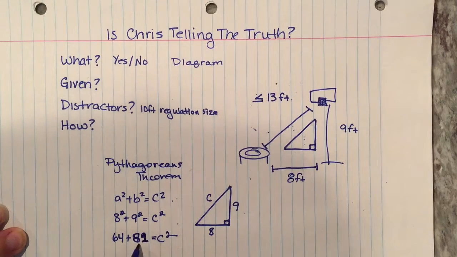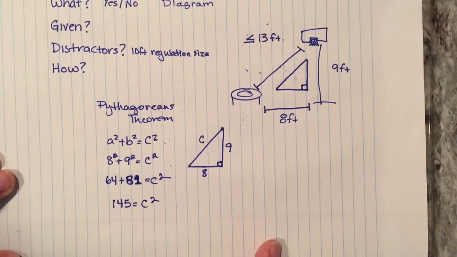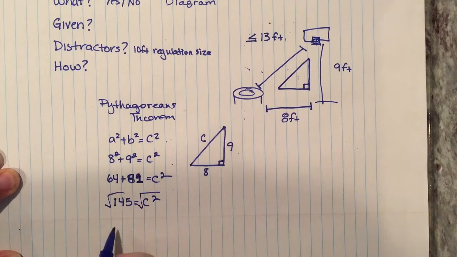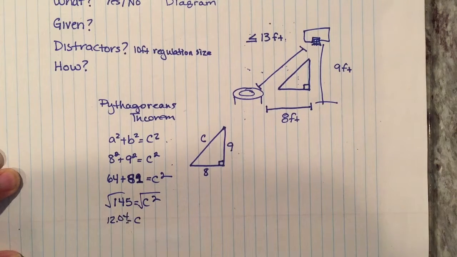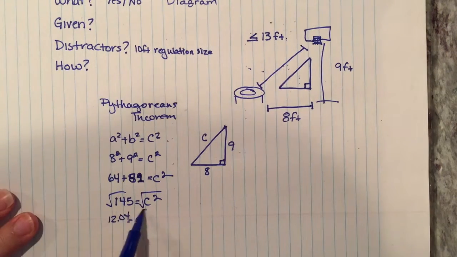Now I'll add 64 and 81, which will make 145. And I don't want C squared, I want just C, so I'm going to take the square root of both sides, and I'll get 12.04. So I get that C equals 12.04.